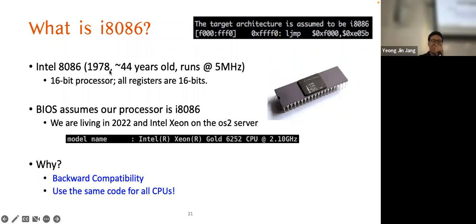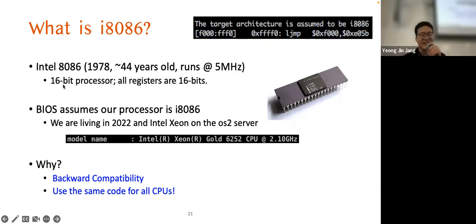It runs with a 5 megahertz clock, which was a super fast speed in that era. Now we are living with 5 or 6 gigahertz CPUs, but 44 years ago that was state of the art. And now you are playing with 64-bit register CPUs, but in that era, 16-bit was plenty.